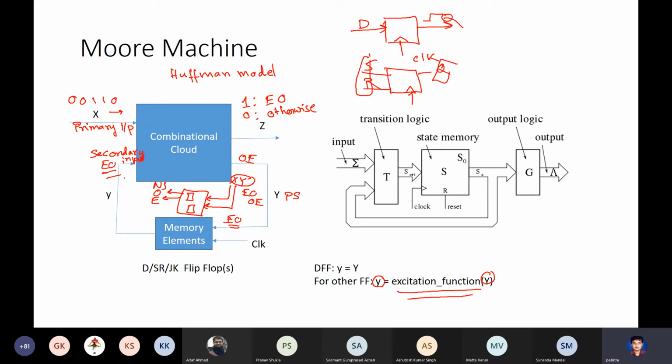In a D flip-flop, this excitation function is an identity. Whatever is input goes to the output. We'll see in other flip-flops that this might not be the case. So what this basically means is that we need some more circuits here, maybe to convert the state to the SR values.